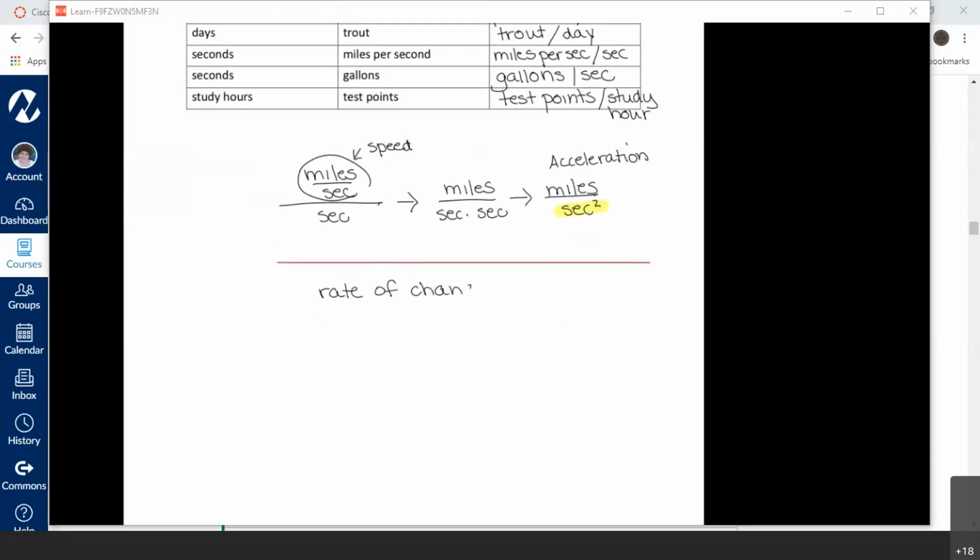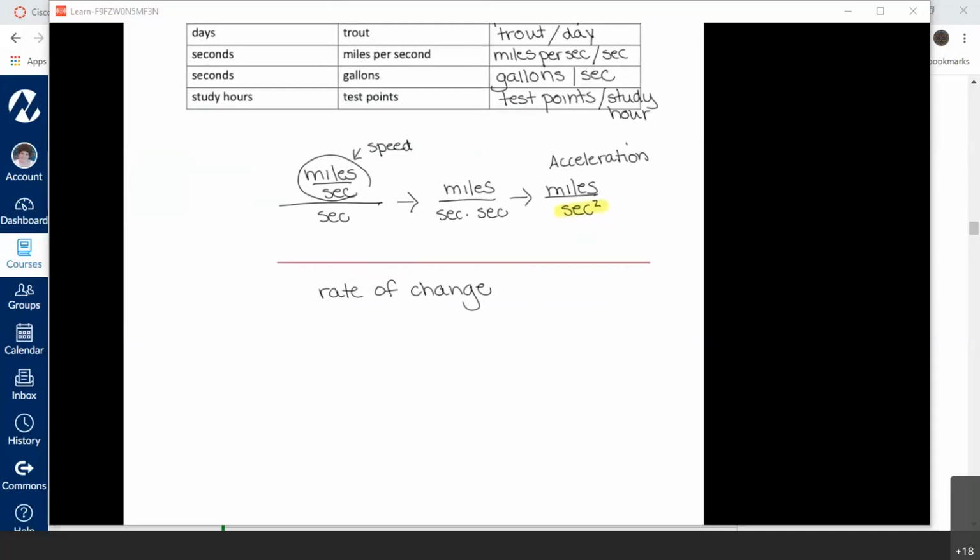And unfortunately, your book doesn't make the distinction. It won't say average rate of change or instantaneous rate of change necessarily. They may ask you what's the rate of change at a particular input value.